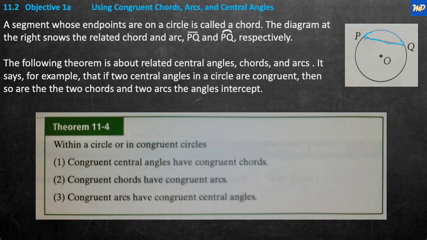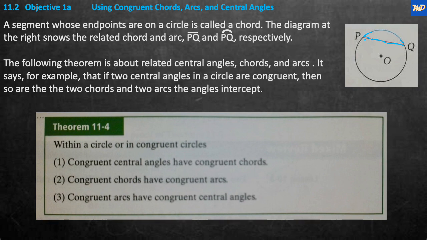The following theorem is about related central angles, chords, and arcs. It says, for example, that if two central angles in a circle are congruent, then so are the two chords and arcs the angles intercept. Very interesting. So let's look at the theorem.